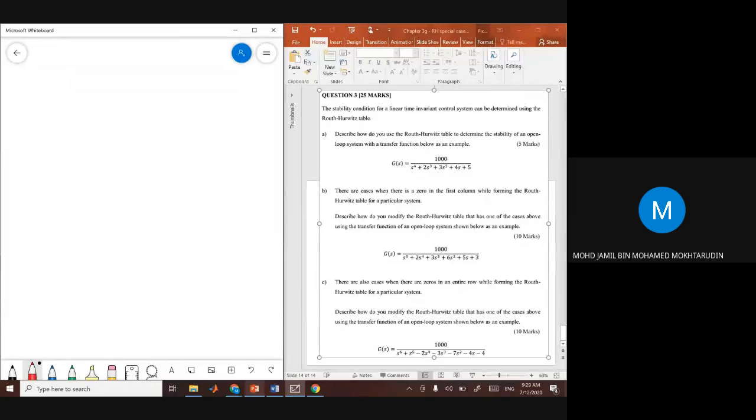So for question A, maybe you can start by saying, use the denominator. So D(s) equals s4 plus 2s cube plus 3s square.